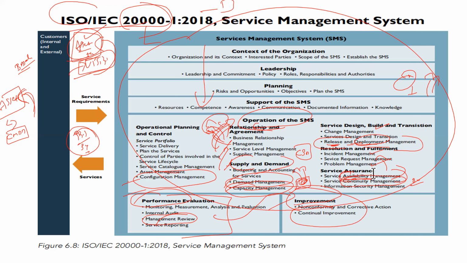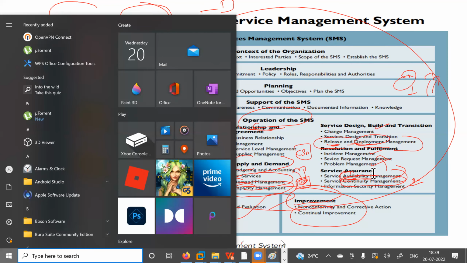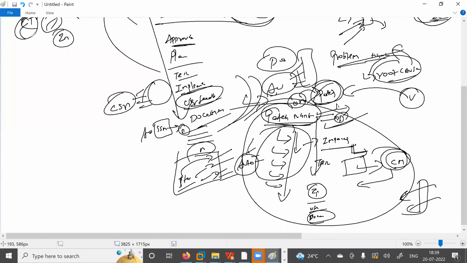When I talk about changes, we have normal changes, standard changes, emergency changes. Like this, we have different changes. You should have heard about it, right? Normal changes are all pre-approved changes which you can implement.